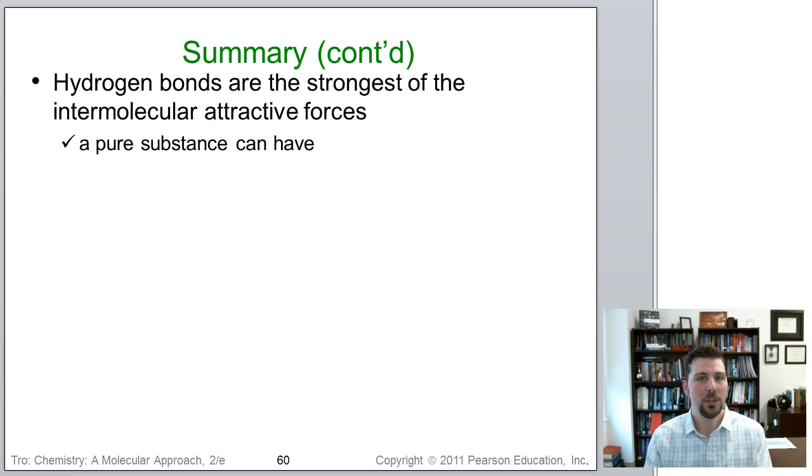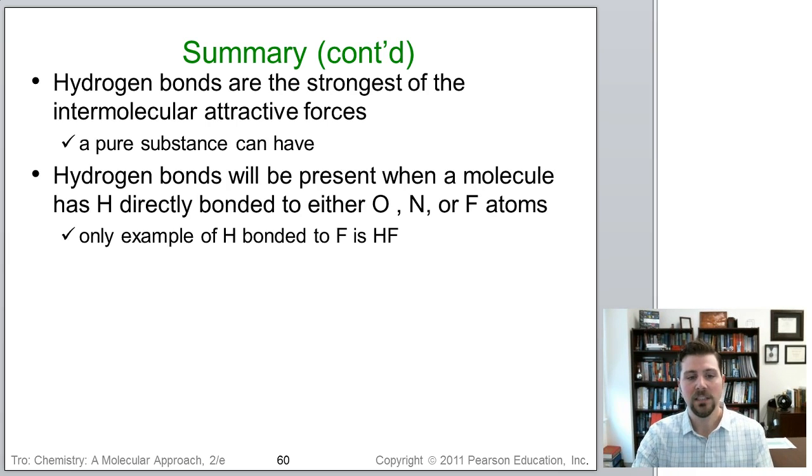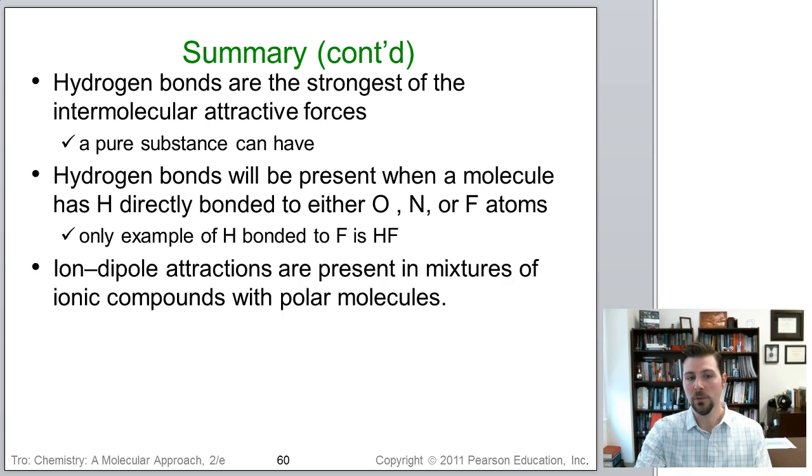It happens only when you have hydrogen attached to a highly electronegative species, like nitrogen, oxygen, or fluorine. We're going to limit ourselves to those three, the NOF I talked about before. And so a substance that can undergo hydrogen bonding, being the strongest intermolecular force, is going to allow then that molecule to have more attractive force than any of the other types.